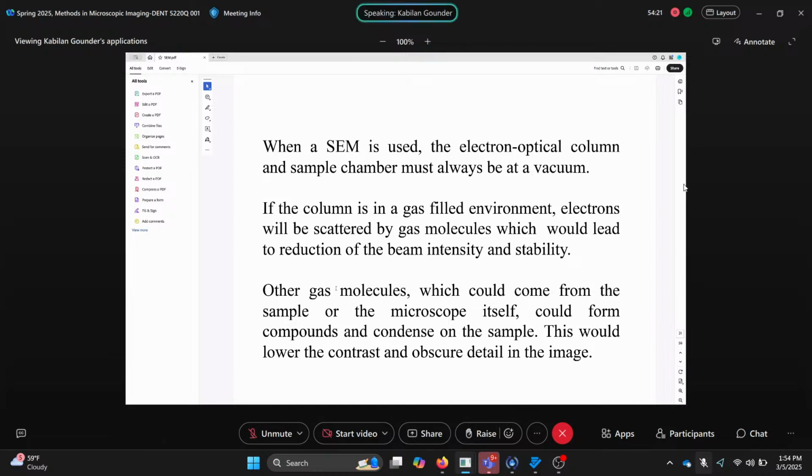So it is very important to use a vacuum, because if there is air, the travel path of the electrons generated from the tungsten before they hit the sample will be affected. Also, other gas molecules which could come from the sample or the microscope itself could form compounds and condense on the sample, which would lower the contrast and obscure detail in the image.